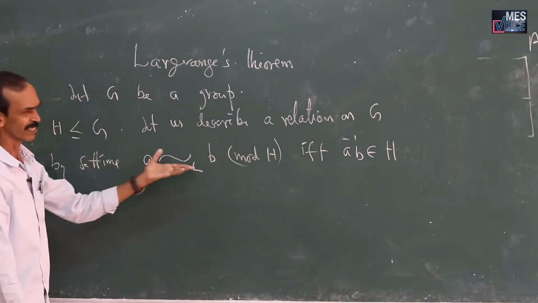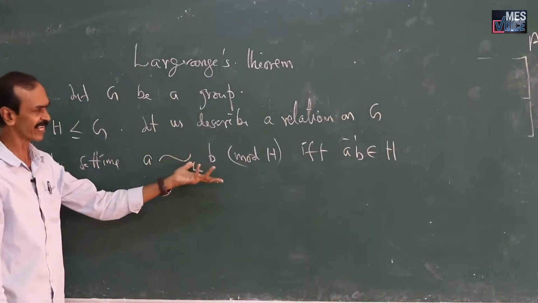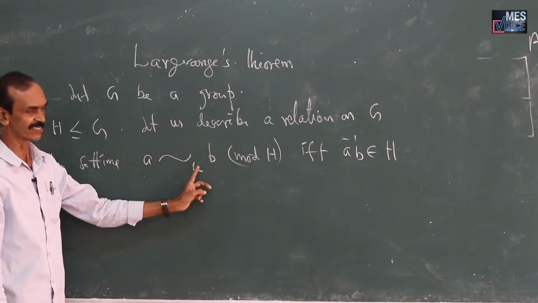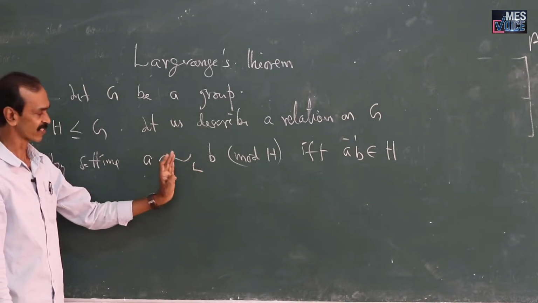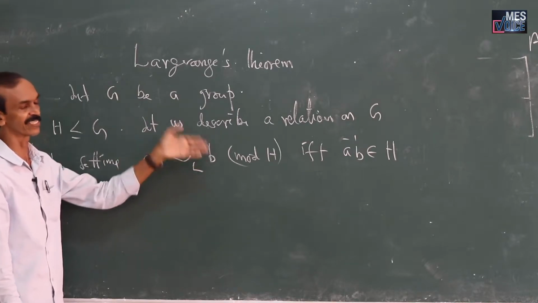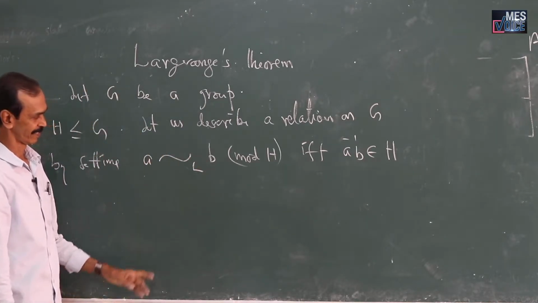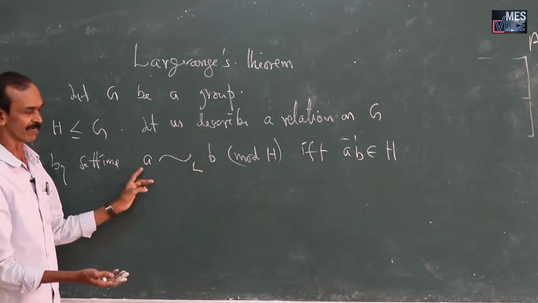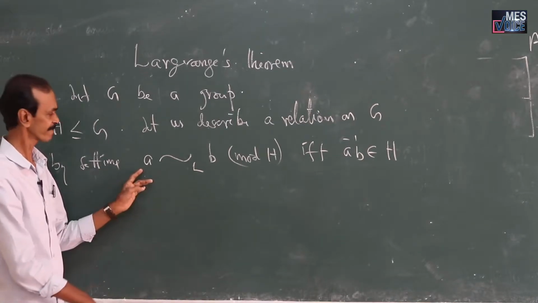It's a very simple relation. All of you can easily verify that this relation satisfies reflexivity, symmetry as well as transitivity, and hence it is an equivalence relation. The proof is very simple. I am not going to discuss these points here.